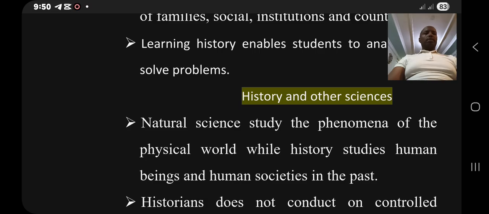In this statement, it's better to see some aspects. For example, natural science studies the physical world, whereas history studies human beings and human society in the past. That means natural science mostly studies the present situations.